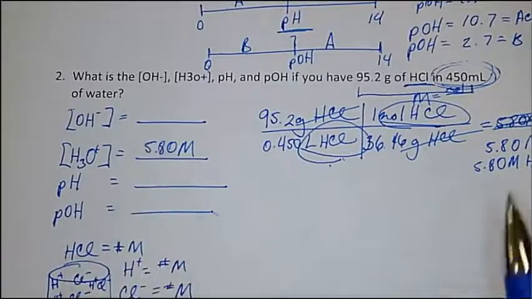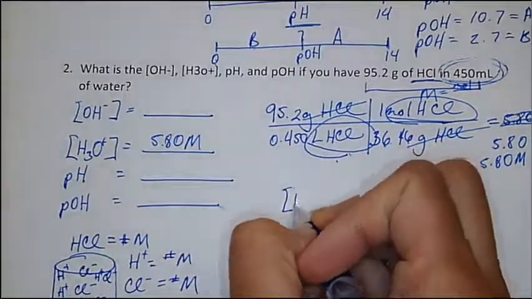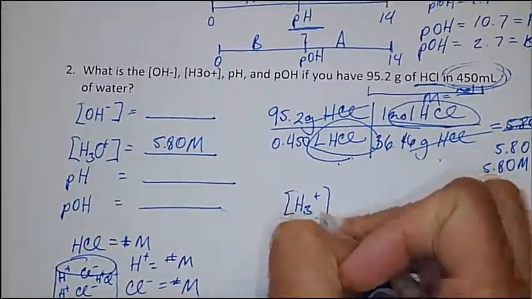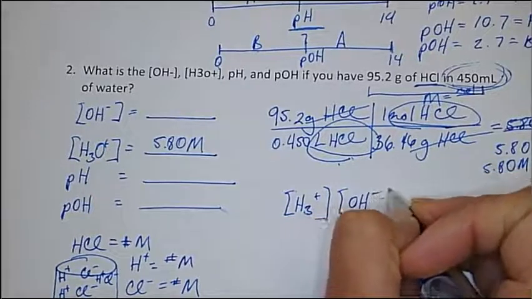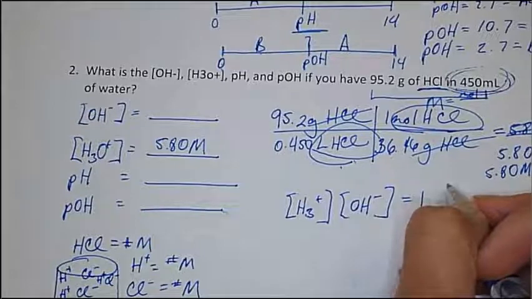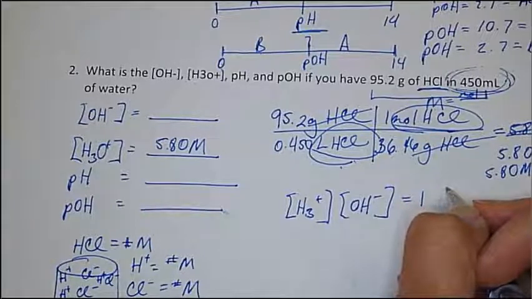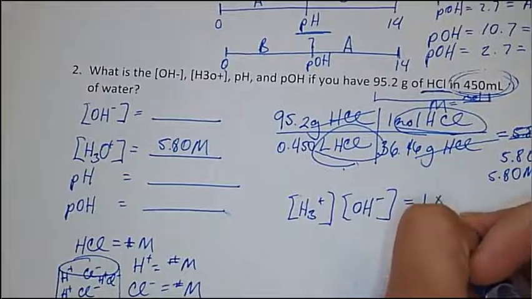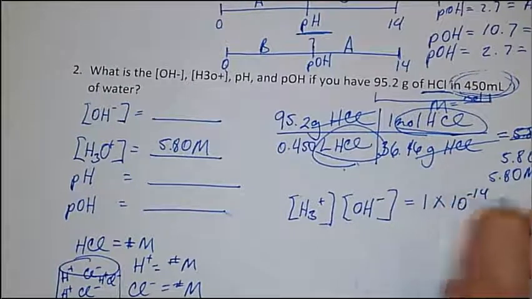Now, using the same principles as the Kw value, I have hydronium ion times hydroxide is equal to your Kw value, which is 1.0 times 10 to the negative 14.